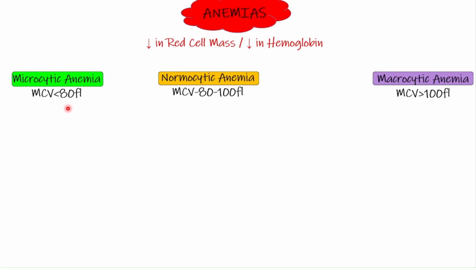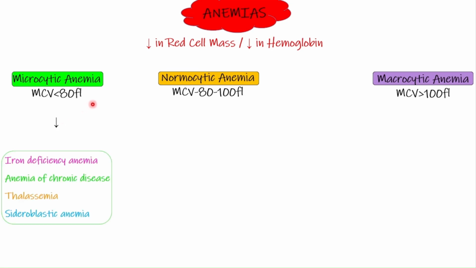If the MCV, mean corpuscular volume of RBC, is less than 80, then it is said to be microcytic anemia. And if the MCV is greater than 100, then it is known as macrocytic anemia. So what are the different types of microcytic anemia?